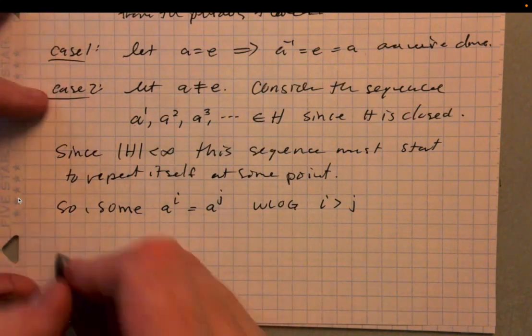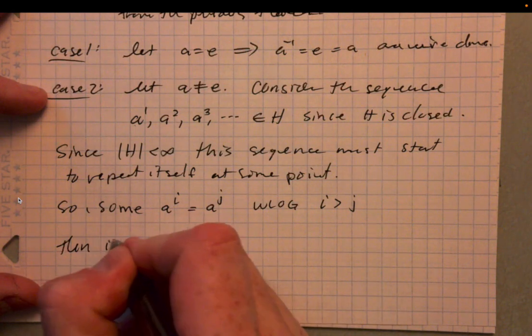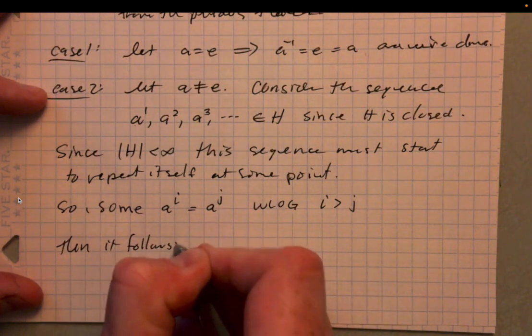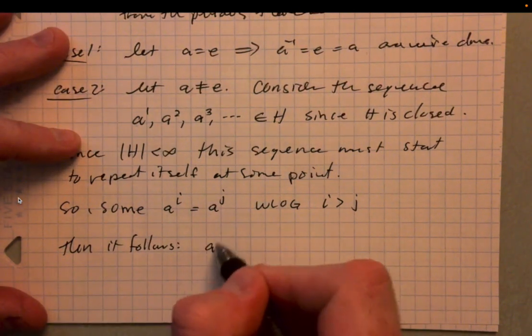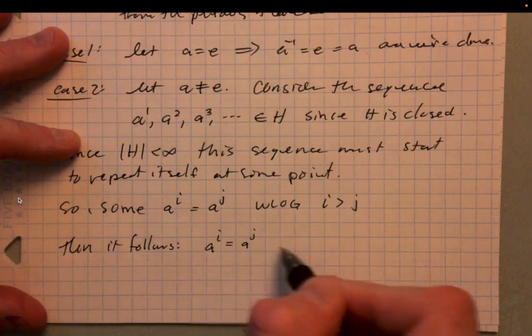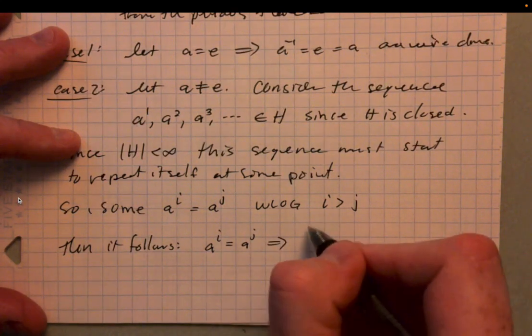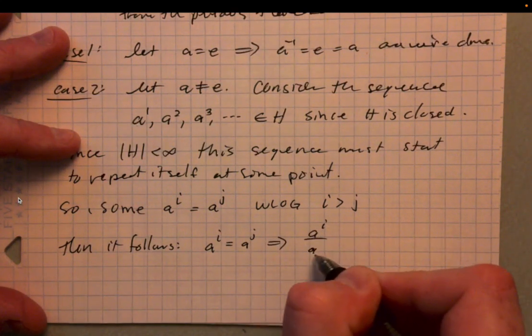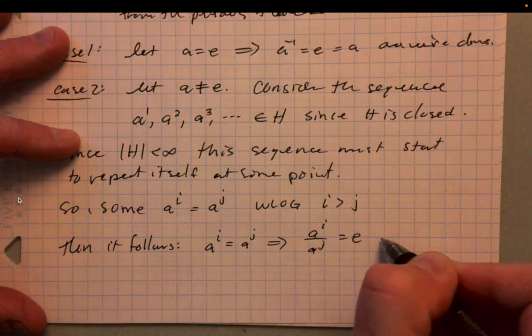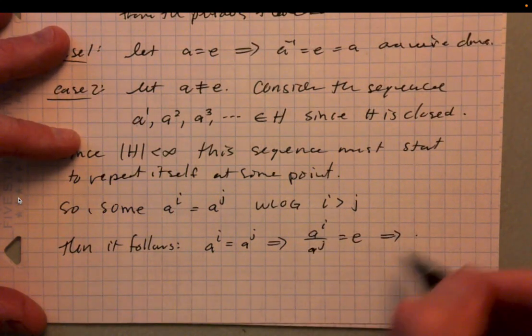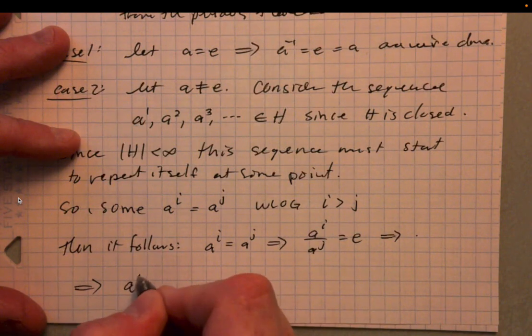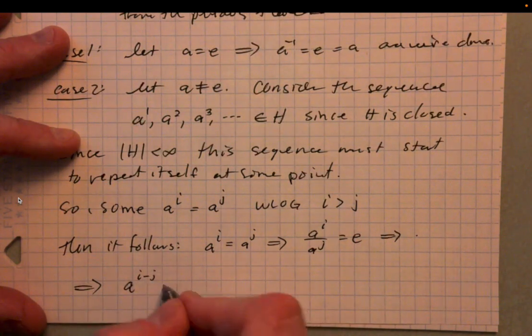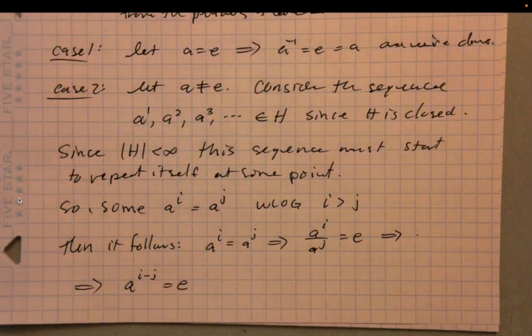If a to the i equals a to the j, then a to the i divided by a to the j is equal to e, which implies that a to the i minus j power is equal to e.